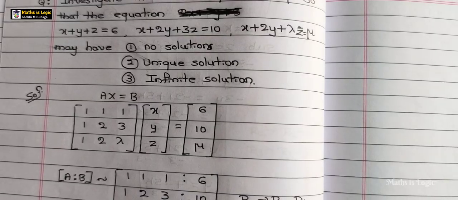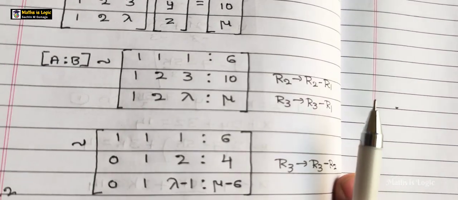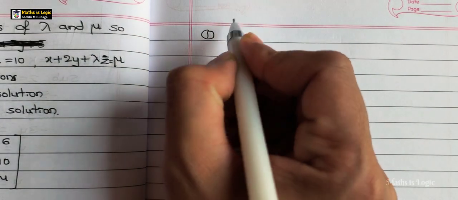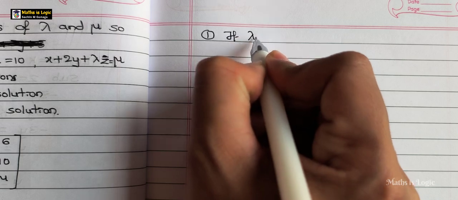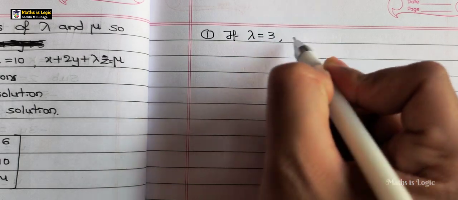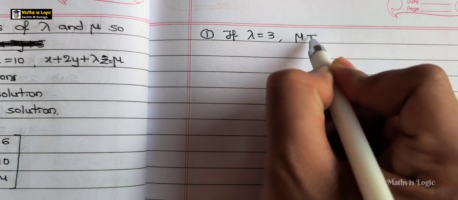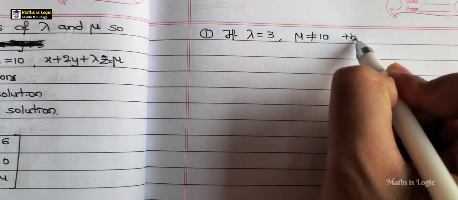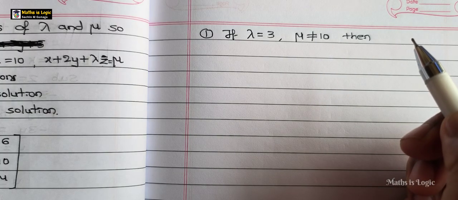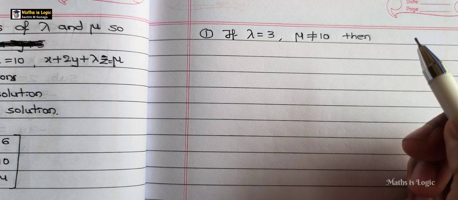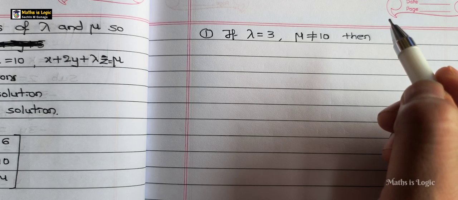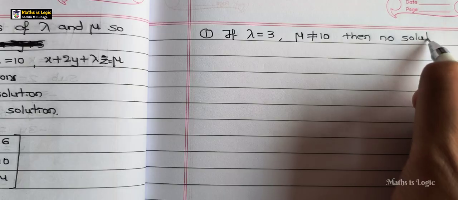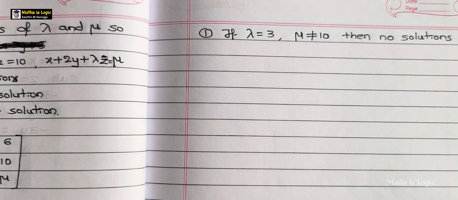Now, if lambda is equal to 3 and mu is not equal to 10, then system is inconsistent. If system is inconsistent, then we have to write there are no solutions.